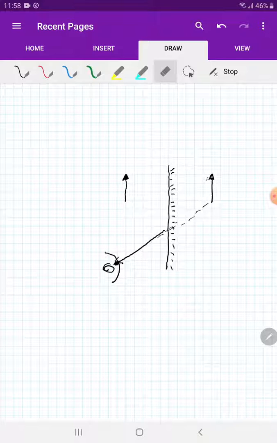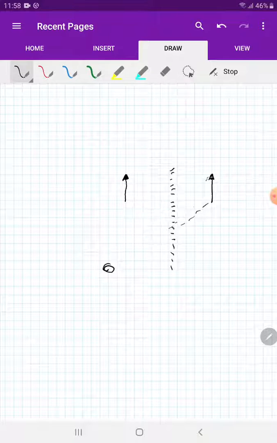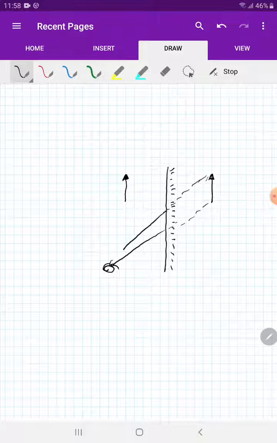Not so easy to draw, but here is one, and then we have the other one that goes to the eye.